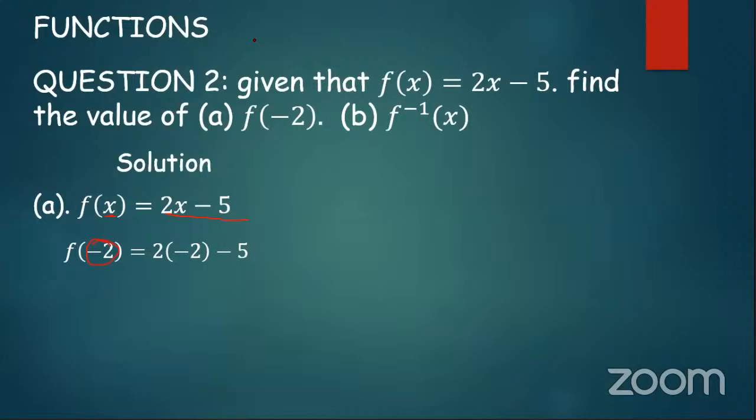It is negative 4. So f of negative 2 equals negative 4 minus 5. And what is negative 4 minus 5? Negative 9. Okay, so our answer for f of negative 2 is negative 9.